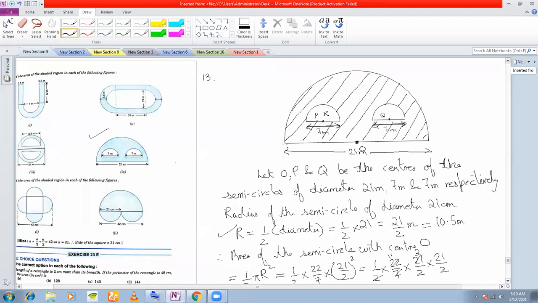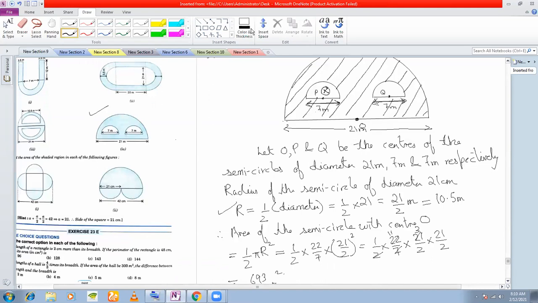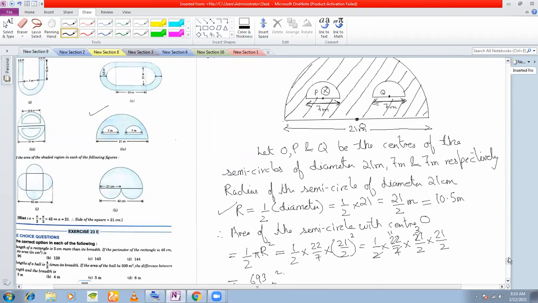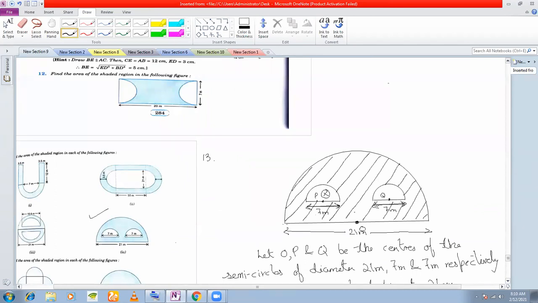Let us first consider this semicircle with center P. What is the radius of this semicircle with center P? Half of the diameter. And the diameter of this semicircle you can see is how much? 7 meters. So half of 7. Okay, so we'll write radius of the semicircle with center P, or Q also, because P and Q have the same diameter, so you don't need to find them separately.